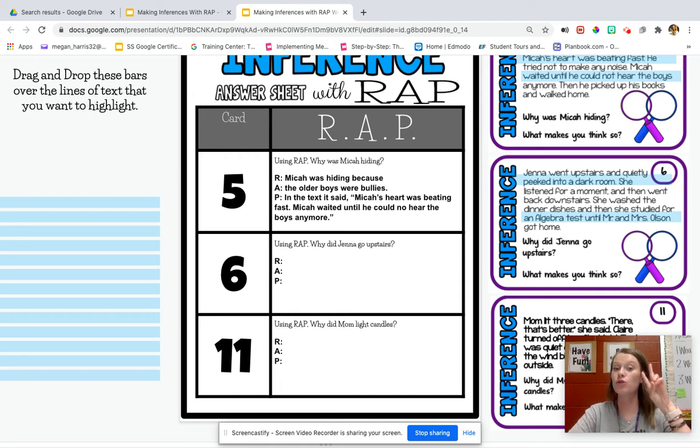We know she's in high school because she's studying for an algebra test. And we know that she went upstairs, looked into a dark room, and listened for something. What do we know about high school girls who go over to other people's houses while the adults are gone and wait for them to come home? Think about you guys. Why would a teenage girl come to your house while your mom or dad or grandma or grandpa left and then leave when they got back home?